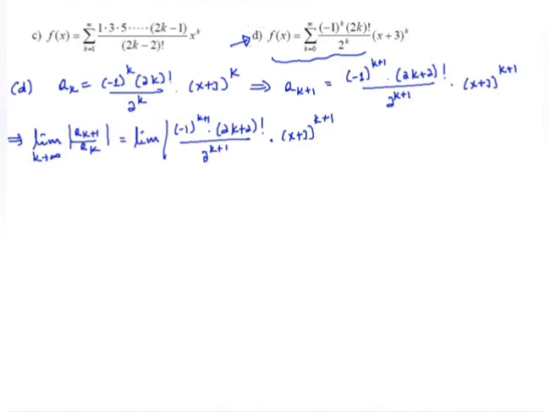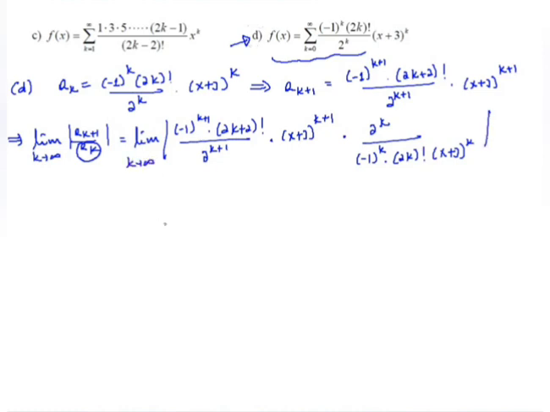Okay, ይሄ ኦቨር ስለሆነ ለማባዛት የኬዝ ተርምን ሪሲፕሮካል እንወስዳለን። That means 2 to the power of k over -1 to the power of k times 2k factorial times x plus 3 the whole to the k ይሆናል ማለት ነው as k approaches infinity.